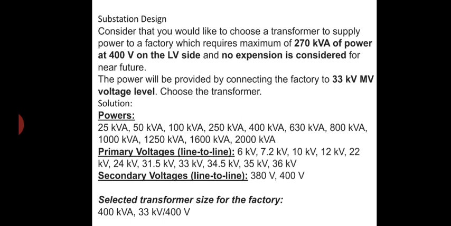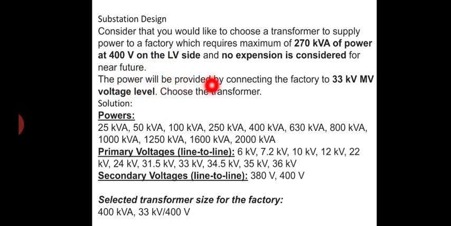So the transformer should supply power to a factory which requires a maximum of 270 kVA, and the secondary voltage is 400 volt. The LV side is the secondary side, and no expansion is considered.